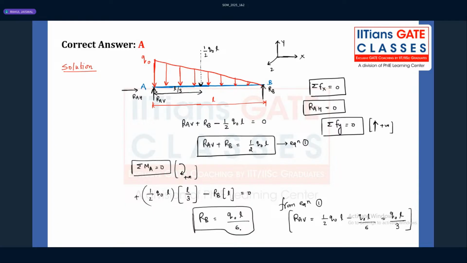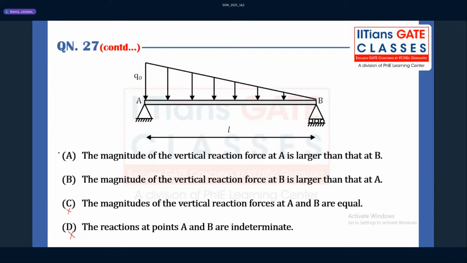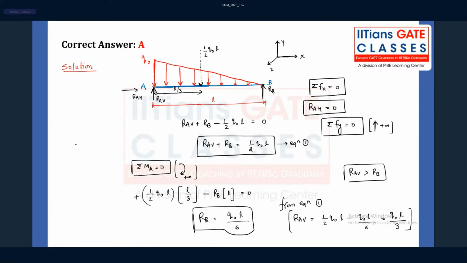If you compare RAV and RB, definitely RAV is greater than RB. So what is the correct answer for this question? The correct answer will be A: the magnitude of the vertical reaction force at A is larger than that at B. Please see the solution. If any doubt, you can mention it in the chat section.